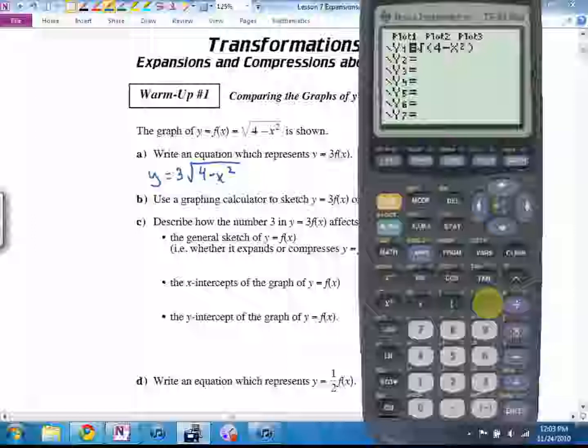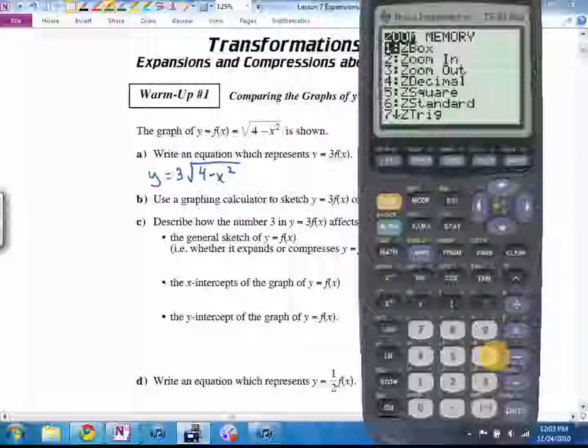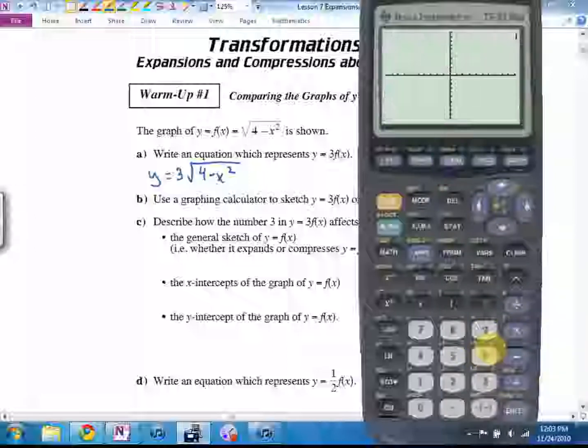That's the original. Enter. And then this one here is going to be 3 times the square root of 4 minus x squared, close bracket. And then I'm going to hit zoom. Well, I always start out zoom standard until I figure out what's going on.